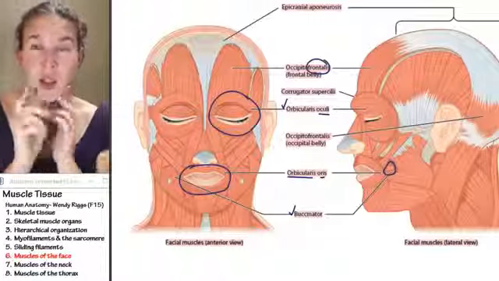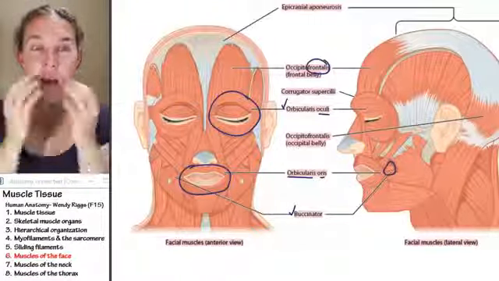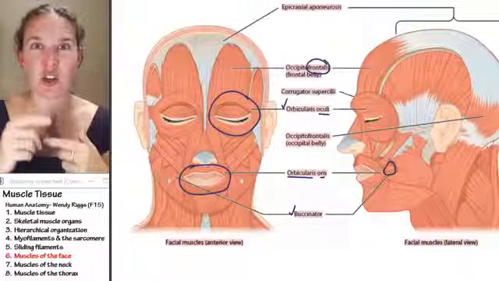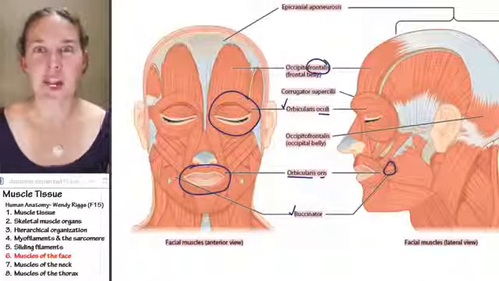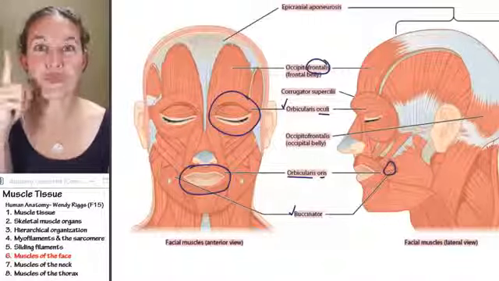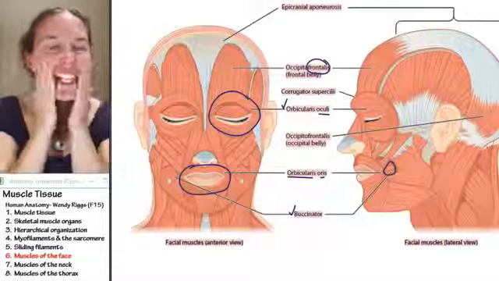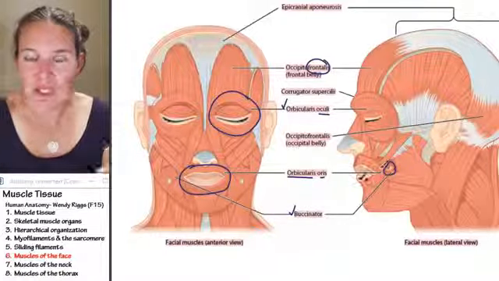Are you ready? Not the first part. Not that part. I'm going to blow up my cheeks, and then I'm going to contract my buccinator. When I go like this, that means I'm about to contract my buccinator. You ready? Do you see that? Buccinator squishes your cheeks. And look at those muscles.